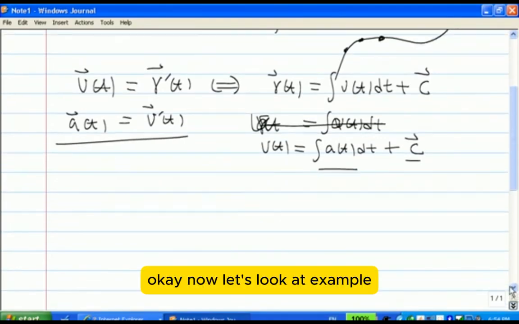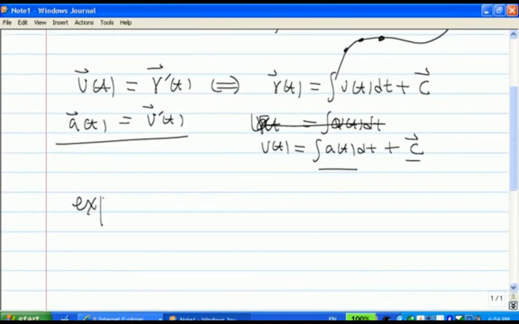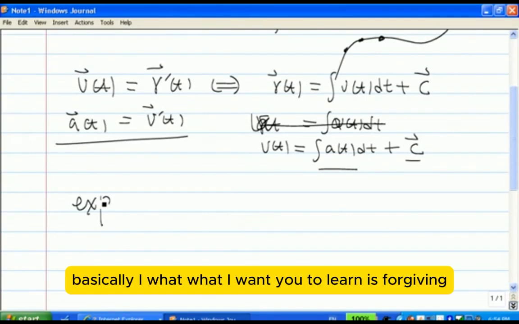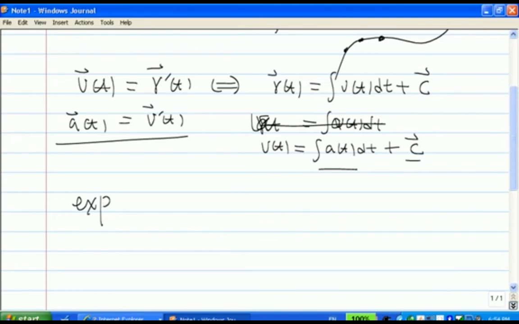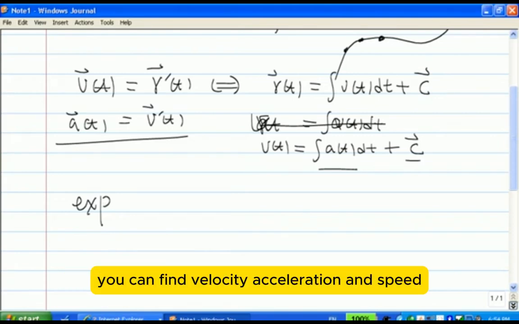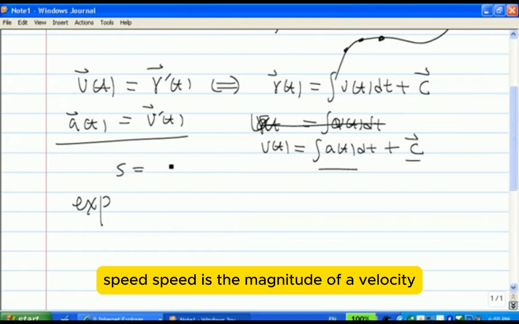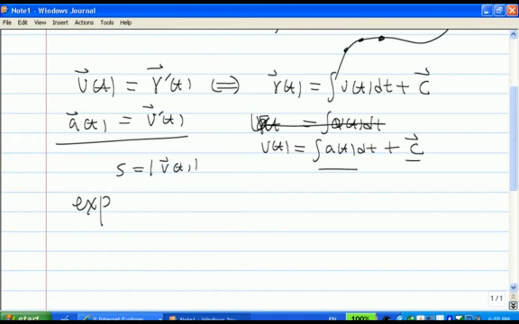Now let's look at an example. In this section, what I want you to learn is, for a position function, you can find velocity, acceleration, and speed. Speed is the magnitude of the velocity.